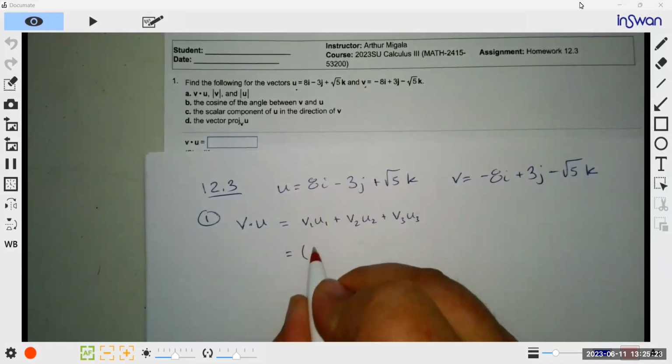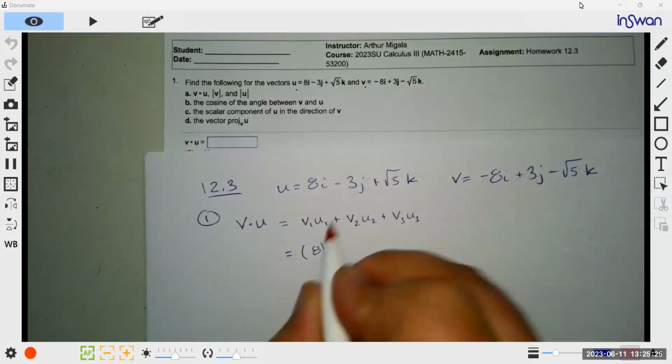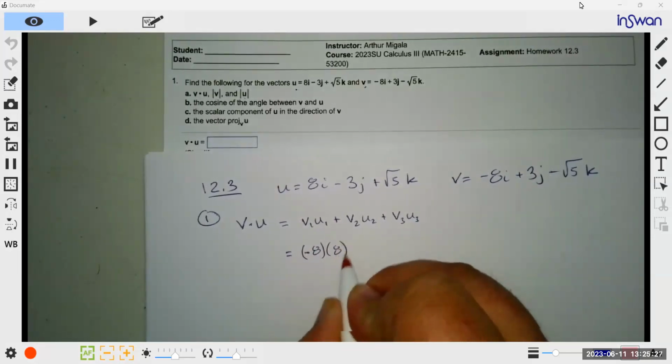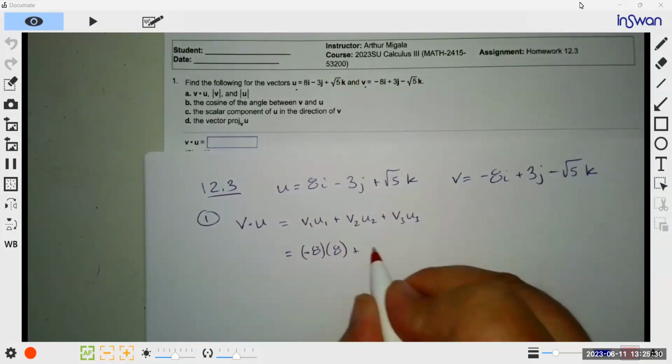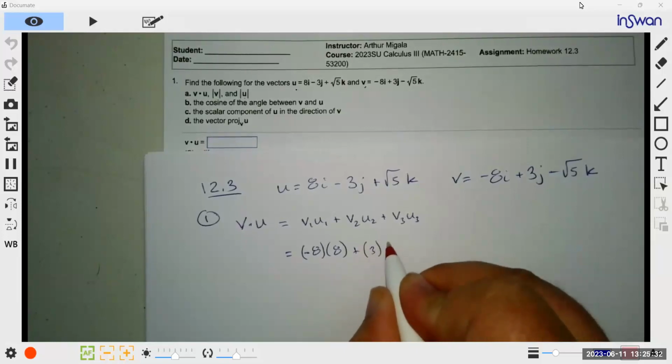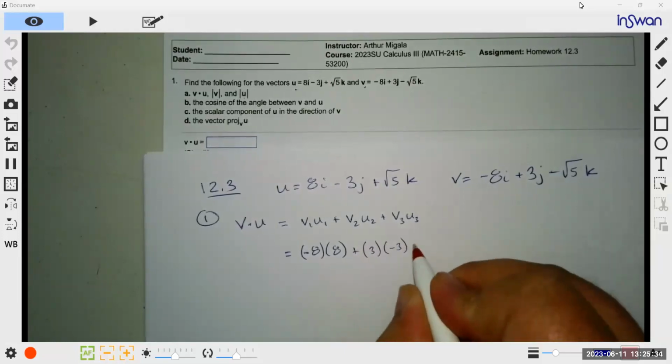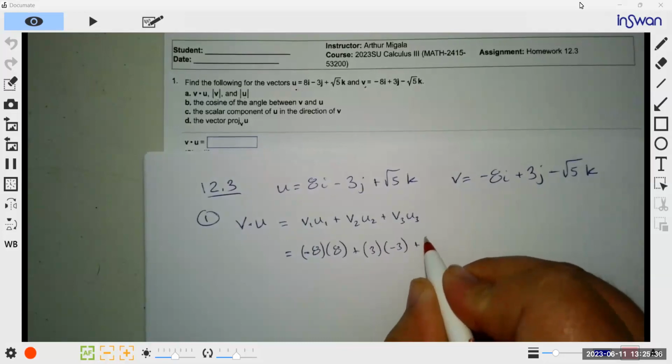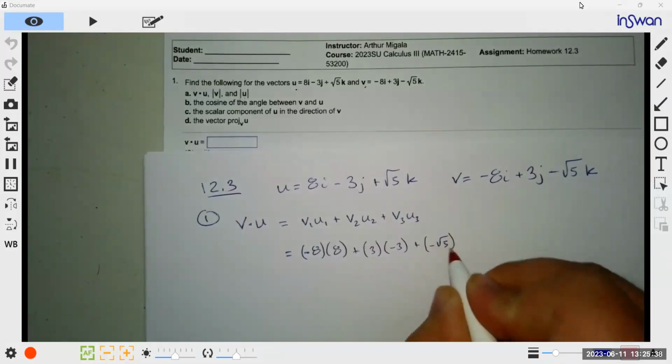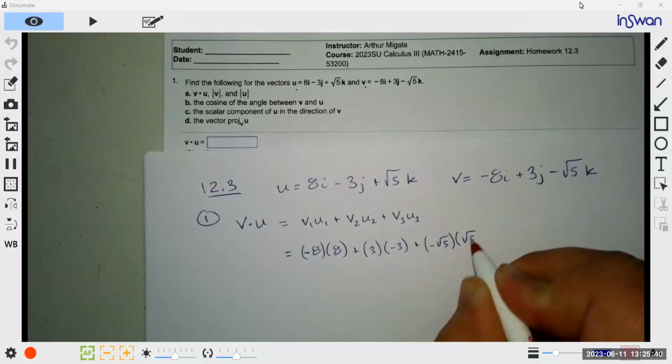So the first one is going to be negative 8 times 8, 3 times negative 3, negative radical 5 times radical 5.